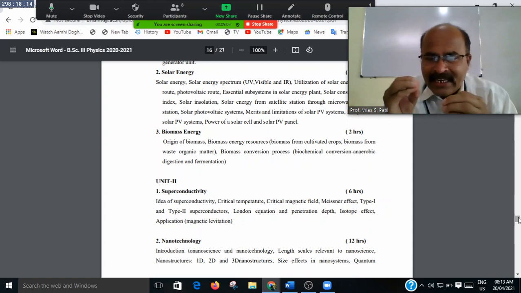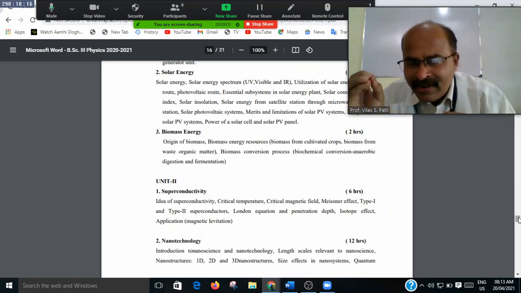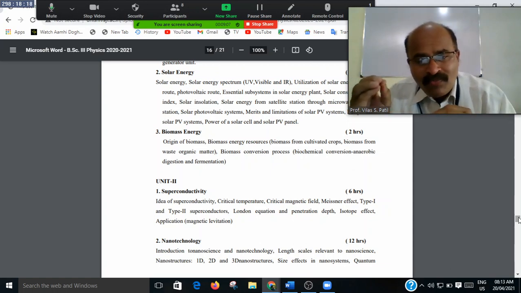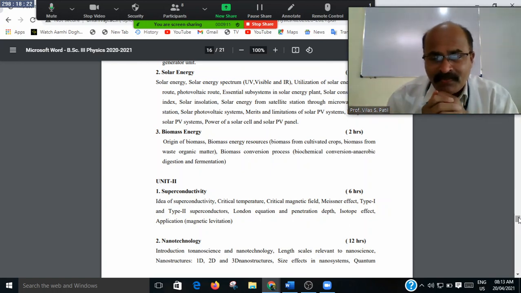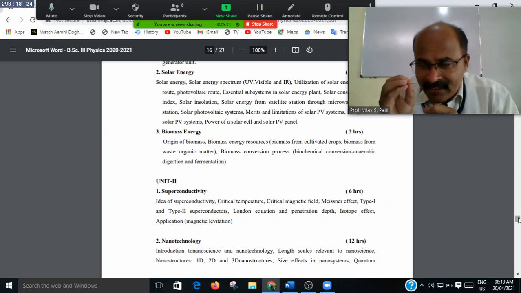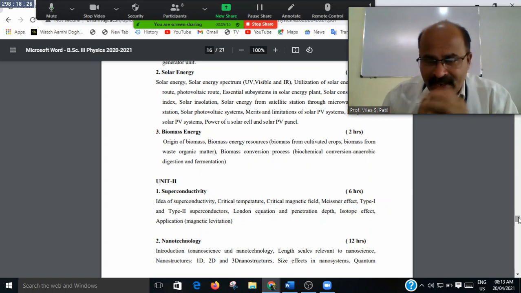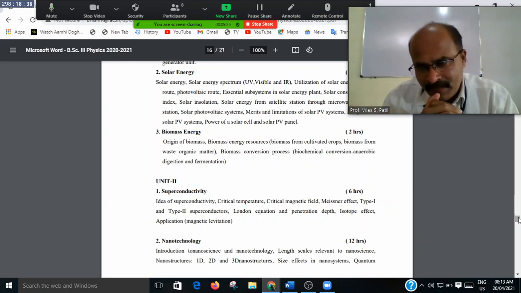They can create our research view in terms of the frontier areas of physics, and in total these two topics are related to material science. These are related to the characteristics of the material.